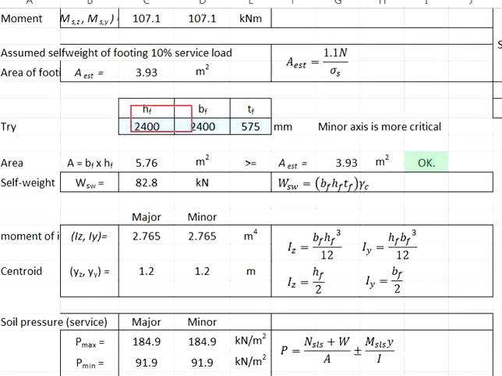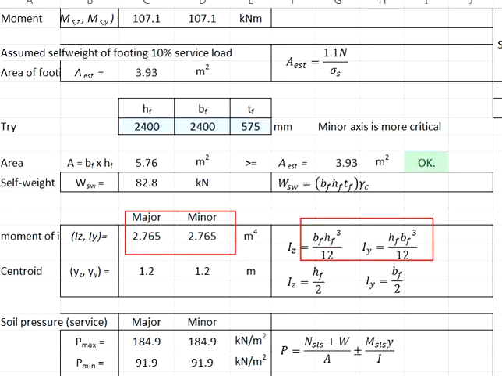Since the proposed pad footing is square in shape, the centroid in both major and minor axes will be the same. Same goes to the moment of inertia, which is calculated based on the equation BH to the power of 3 divided by 12.